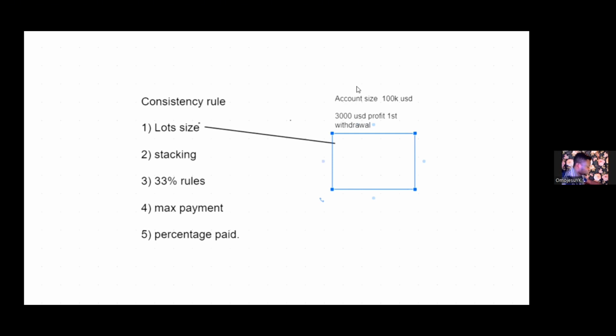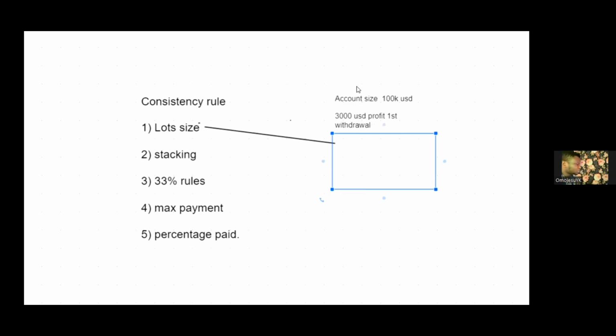So the minimum lot size you can use on this account is 0.125, and you can approximate it as 0.13. Okay, so please, this is very, very important.